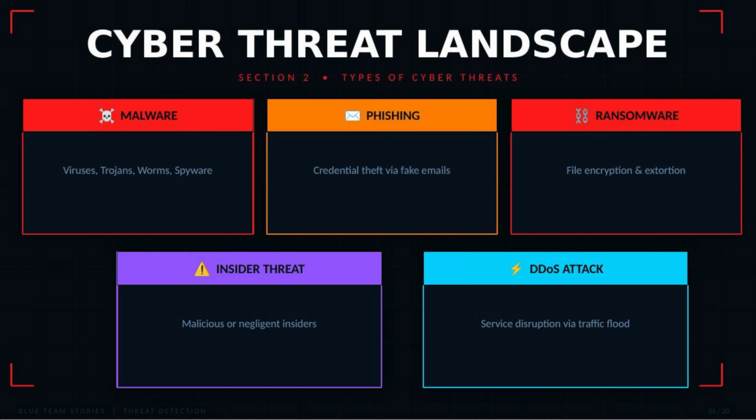From malware infections and phishing attacks to ransomware, insider threats, and large-scale denial of service attacks, every threat leaves behind digital traces. Modern detection systems analyze these traces continuously in order to identify attacks as quickly as possible.